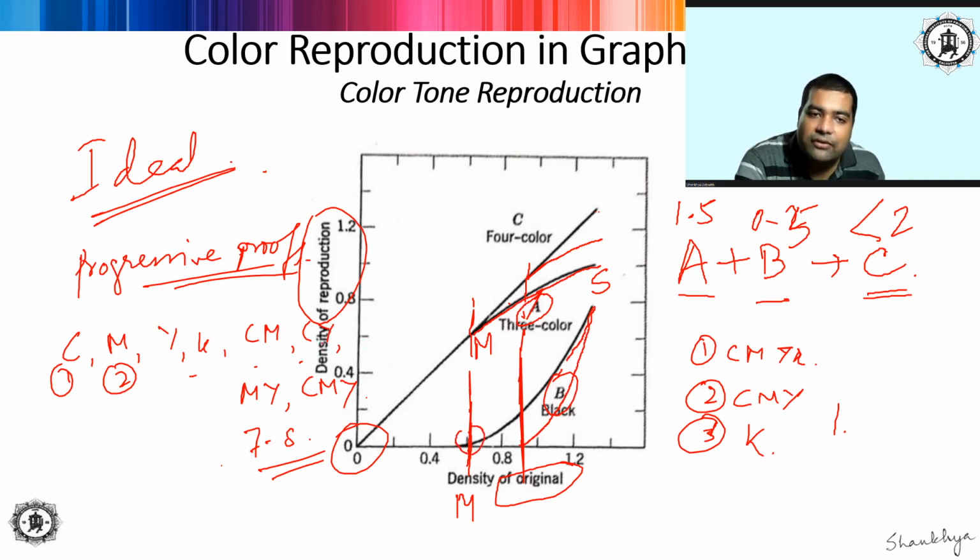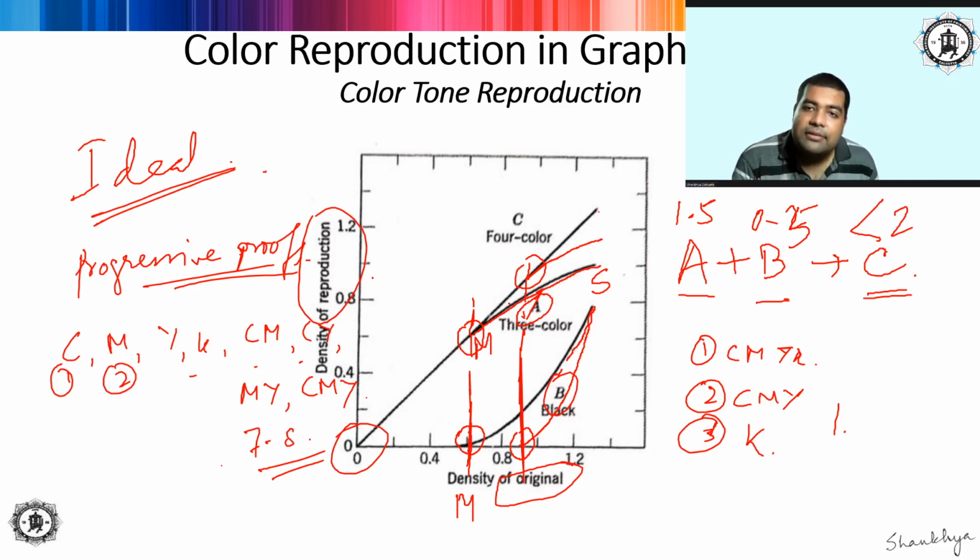Instead of starting black from this particular point corresponding to the point where the three color densities or three color tone responses started to droop down, we will now start adding the fourth printer in those areas, mainly in the shadow areas over here, where it corresponds to the point from which the three color density starts to droop down and the contrast reduces. So what does it mean? We are not going to use the black printer everywhere, right? The reason I will be talking about in detail in the next slide also.